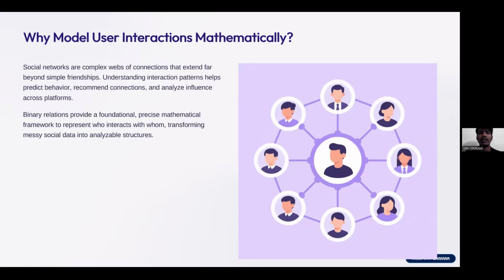Understanding interaction patterns helps predict behavior, recommend connections, and analyze influence across platforms. Binary relations provide a foundational, precise mathematical framework to represent who interacts with whom, transforming messy social data into analyzable structures.